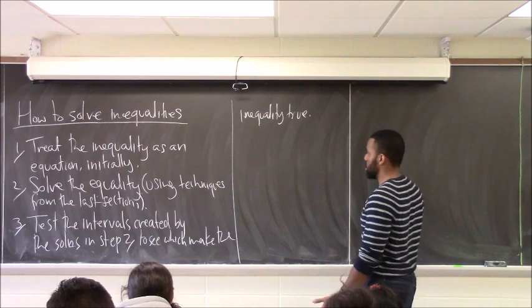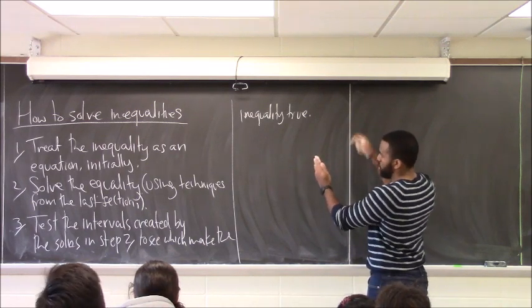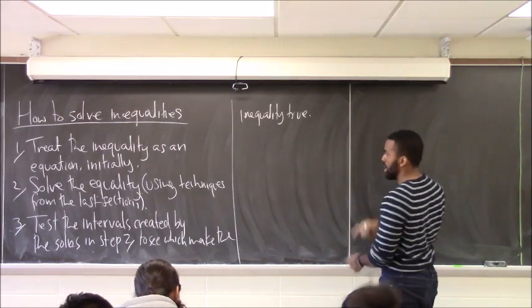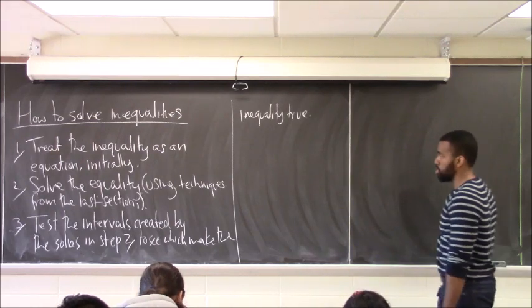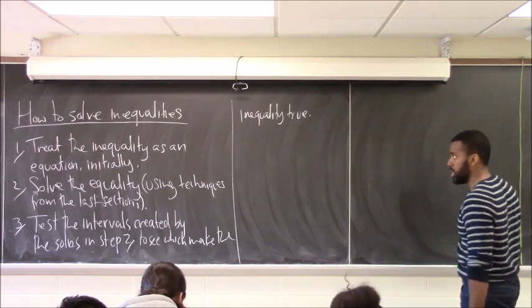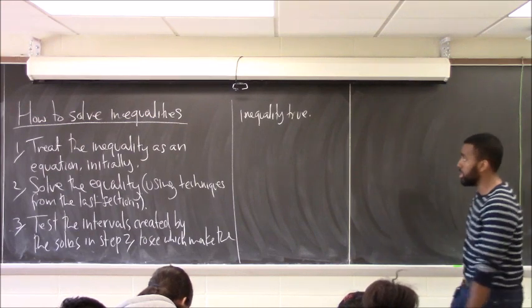So essentially, once you find the solutions, you plug in random numbers in between those to see if it makes the inequality true. Because the solution could be a set of x values. It's not just going to be one.